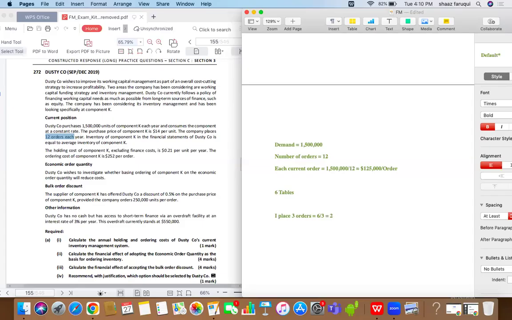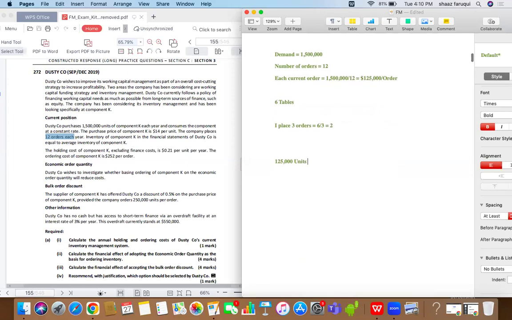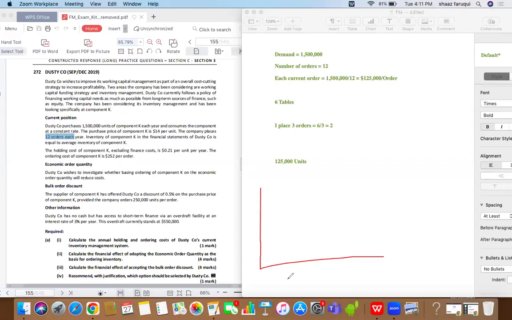Now, think about it. If I am ordering 1,25,000 units each time, at one point of time I have 0 units, but then I buy 1,25,000. Then again, gradually the units will get over.